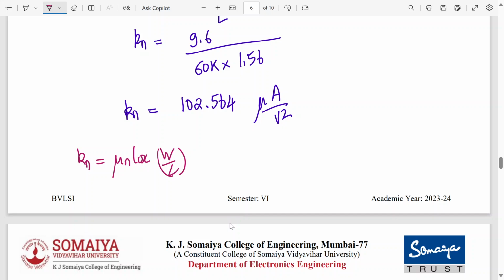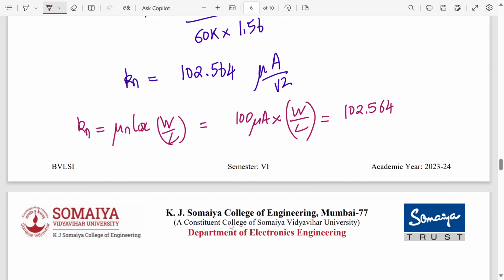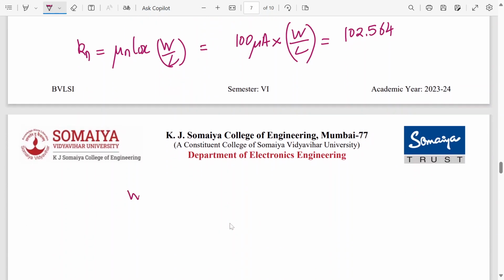So 100 microamperes into W by L is equal to 102 microampere. Now we can find the value of W by L. W by L will be 102.564 divided by 100 micro. So micro gets cancelled, and what you get is almost equal to 1.02.